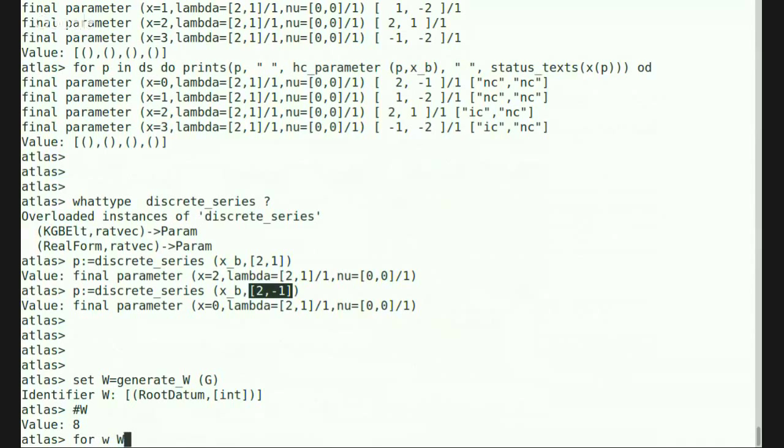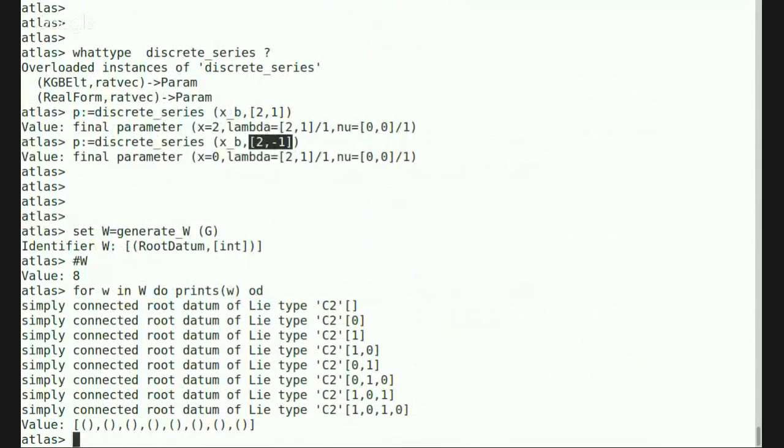For W in W, do. Okay, so what this W is, it's a list of pairs. The first entry is the root datum, and then the second entry is the product of simple roots. So ignoring the root datum for the moment, which is always C2, the elements are the identity, 0, 1, 1, 0, and so on.